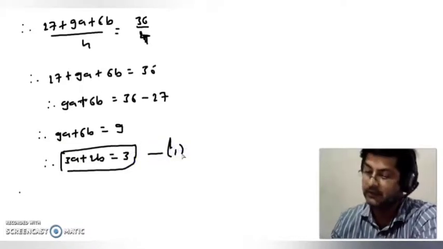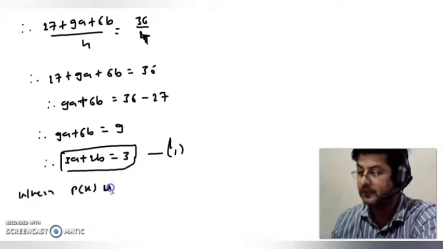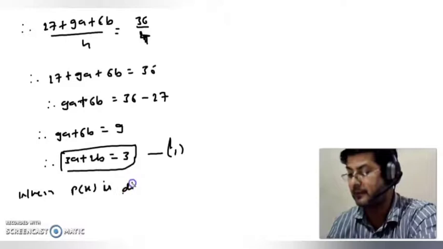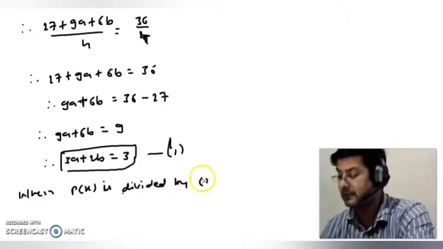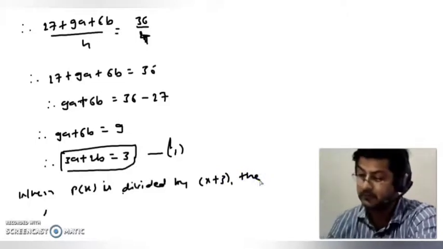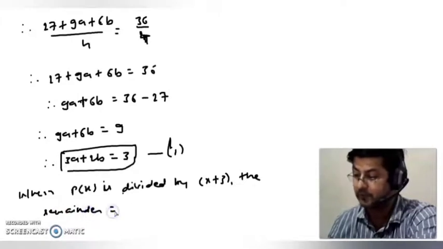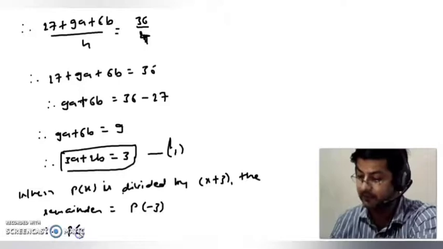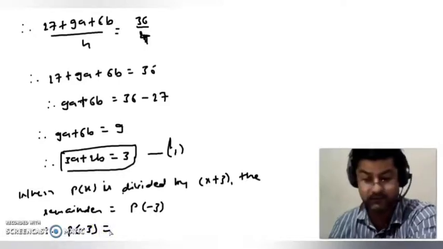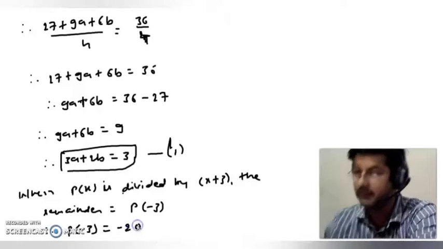Now it is given that when p of x is divided by some other divisor, x plus 3, the remainder is obviously p of minus 3, and the value of p of minus 3 is given in the question, which is minus 20.